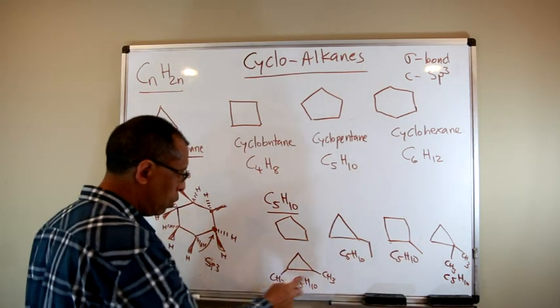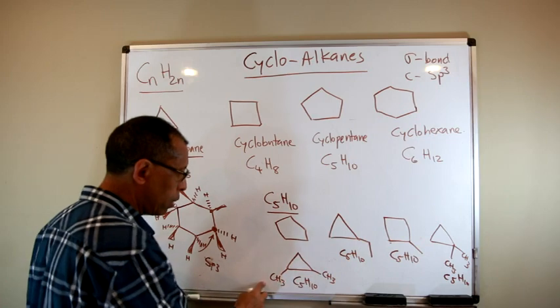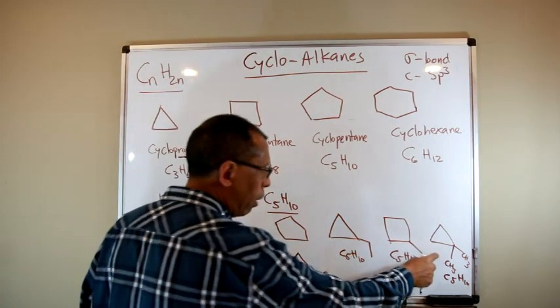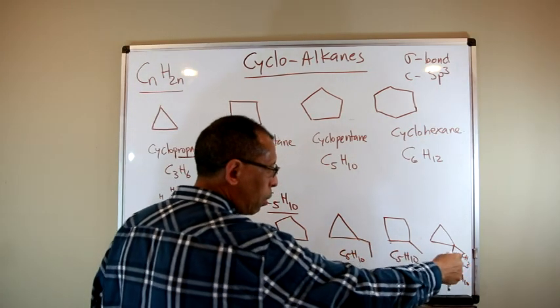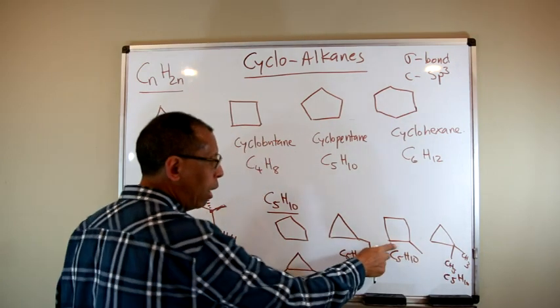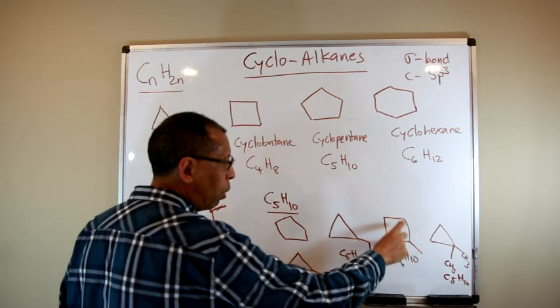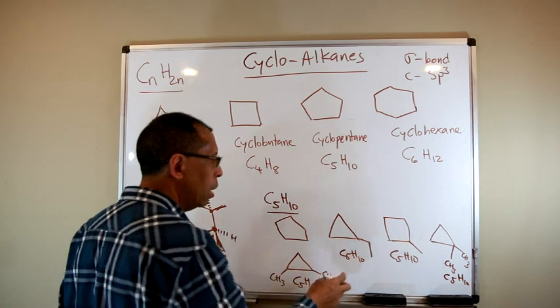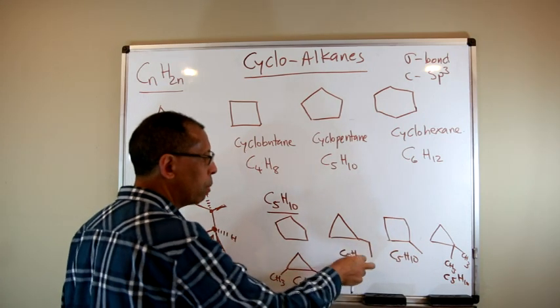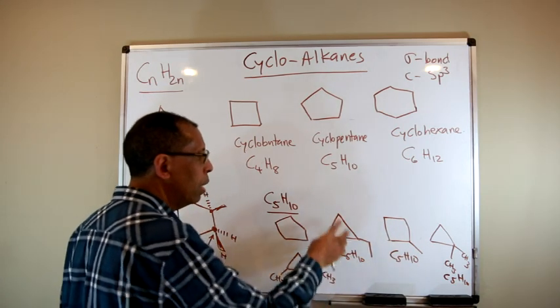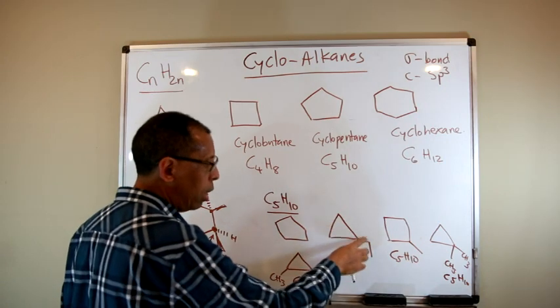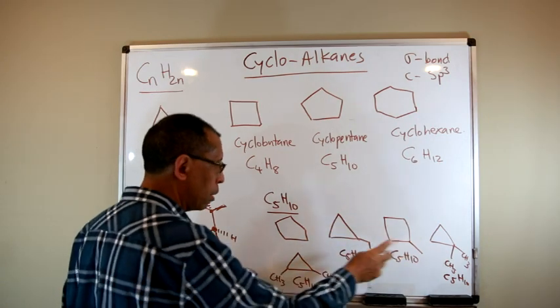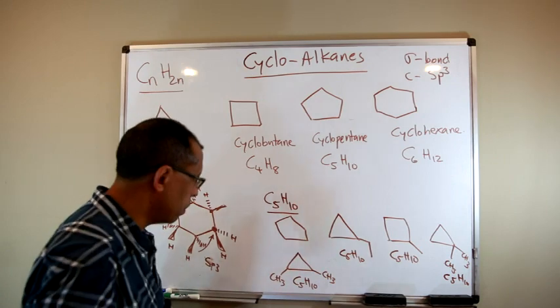You have two methyl groups on different carbons. You have two methyl groups on the same carbon. You have one methyl group on cyclobutane, and you have two carbons on the same carbon that are a chain as an ethyl group, not a methyl group, two carbons as a substituent.